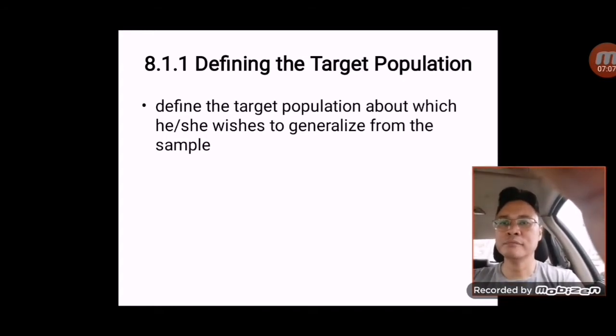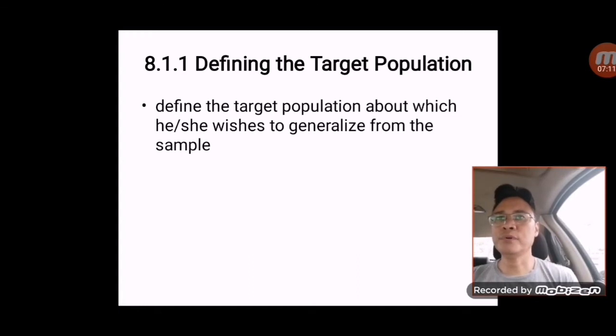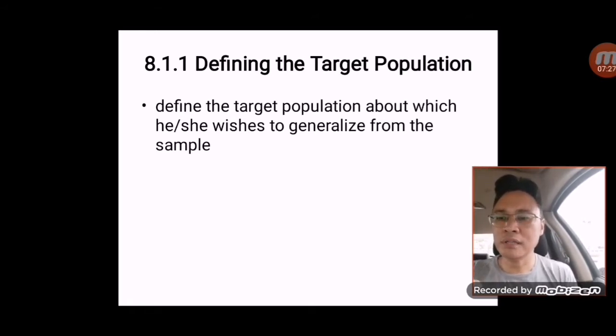Orang yang tak main game, dia tak boleh jawab. If your study is about satisfaction of site visit among visitors who stroll along a heritage trail, so your population are those visitors who are at that heritage trail only. Visitors lain tak boleh jawab.